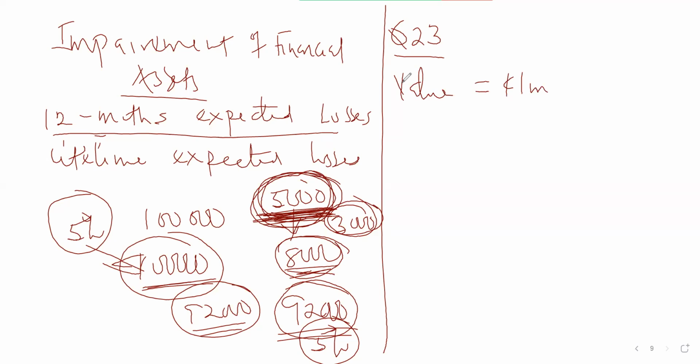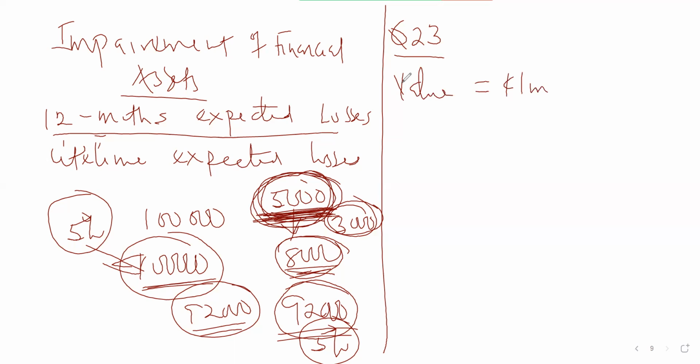On 31 December 20X1, NAPA received interest of what? 100,000. Calculate 10% on 1 million and you get 100,000.